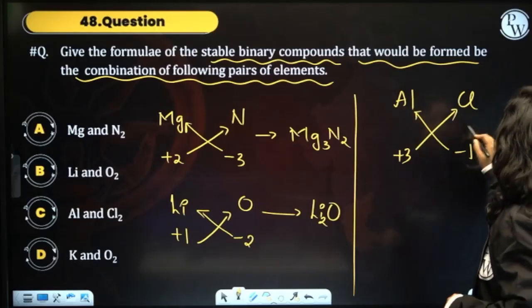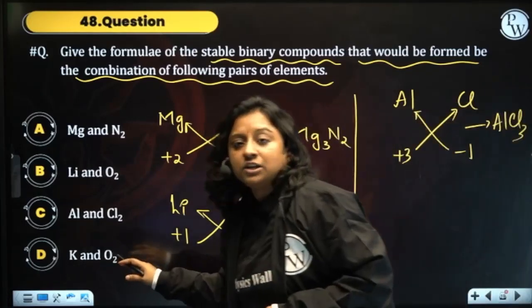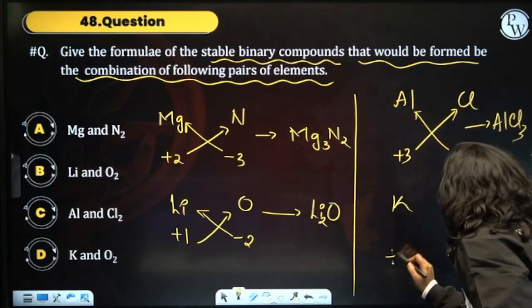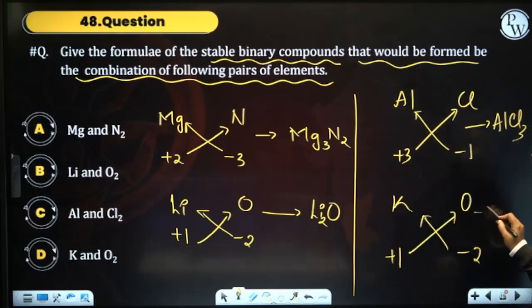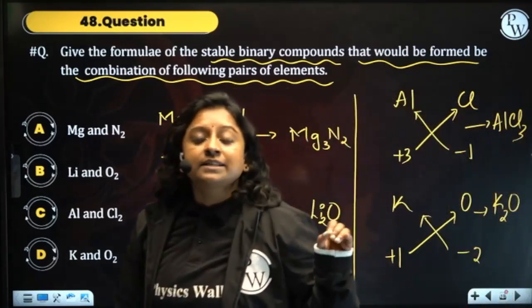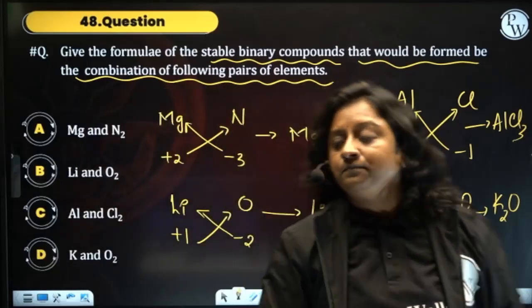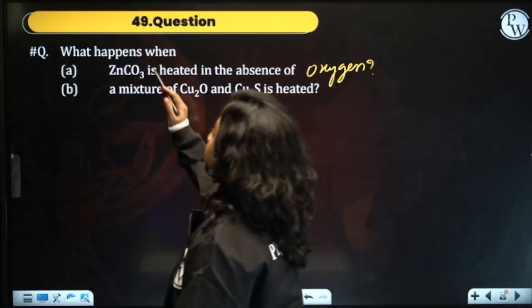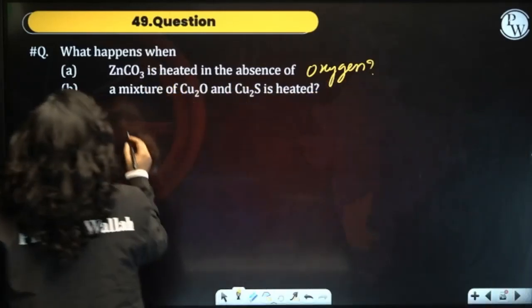Cross the charge, so it becomes AlCl3. K and oxygen: K is plus 1, oxygen is minus 2. Cross the charge, so K gets 2, K2, and oxygen becomes just 1. So it is K2O. Easy. 49th question: What happens when zinc carbonate is heated in the absence of oxygen?